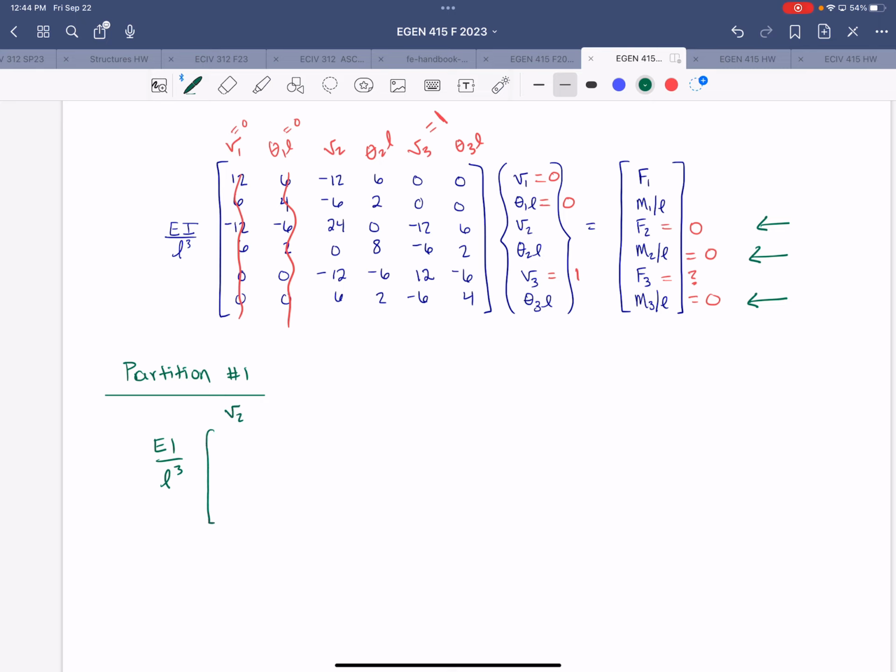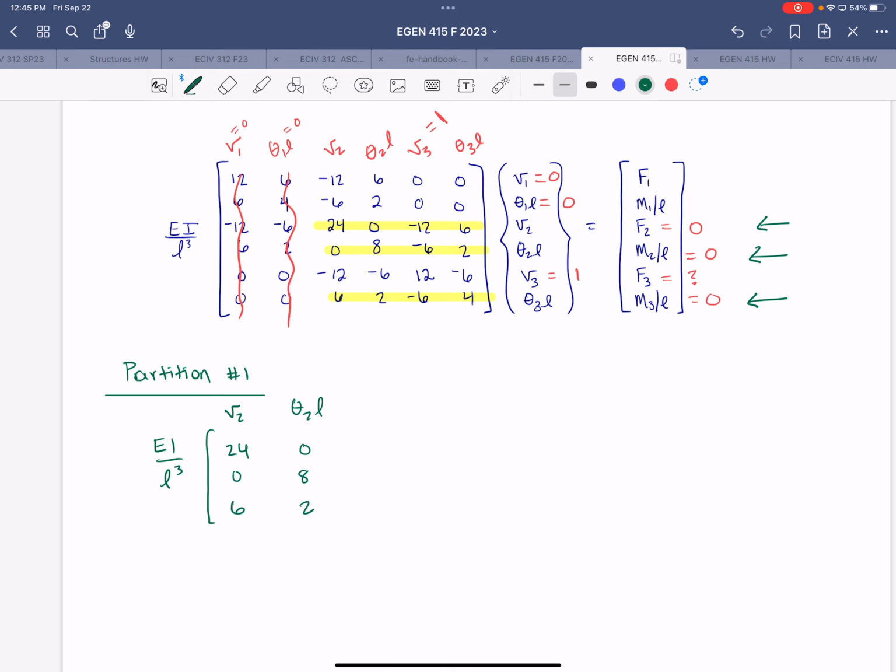So our V2 column is 24, 0, and 6. And I'll go ahead and highlight those rows. Theta 2L column, 0, 8, and 2.